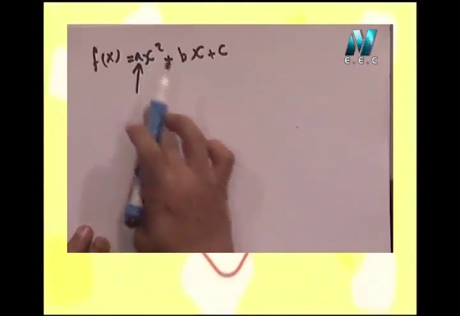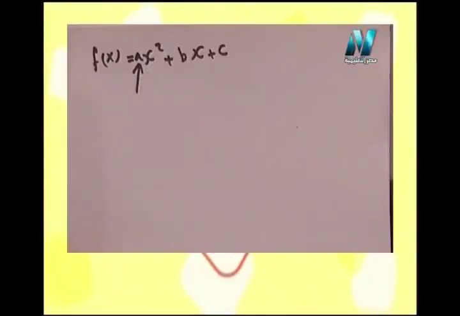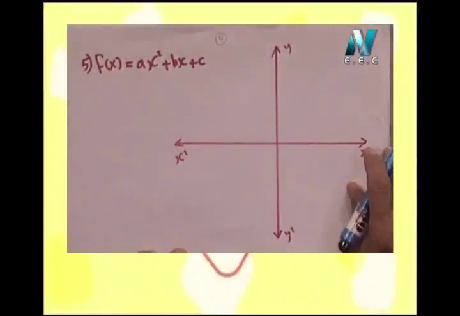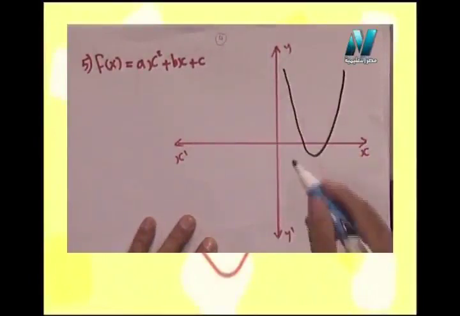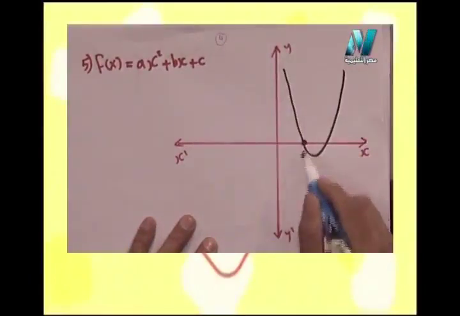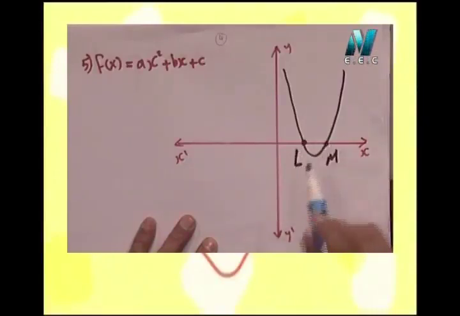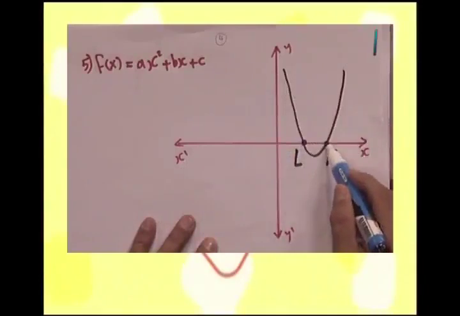So if we have a quadratic function like that, and its graph here like that, if this point is L and this point is M, then L and M will be the roots of the function. We know that the intersection points of the curve and the x-axis are the roots of what?